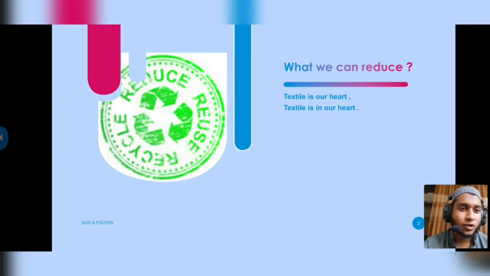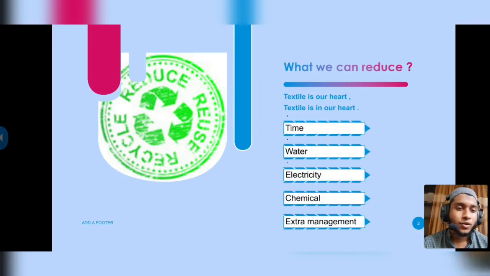So first of all the question arises what we can reduce. Here you can see some parameters. First of all, time. We can reduce time in our factories. Water, we all know that we use huge water in textiles industry, so we can also reduce water. Electricity, we all know that we have 6,000 or 7,000 factories all over Bangladesh.